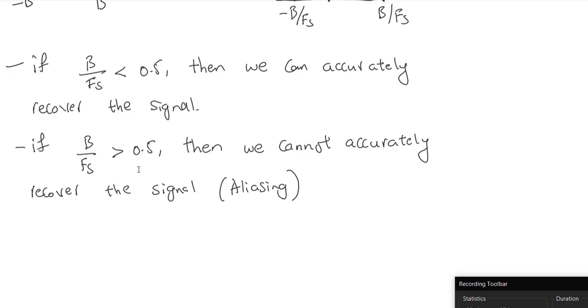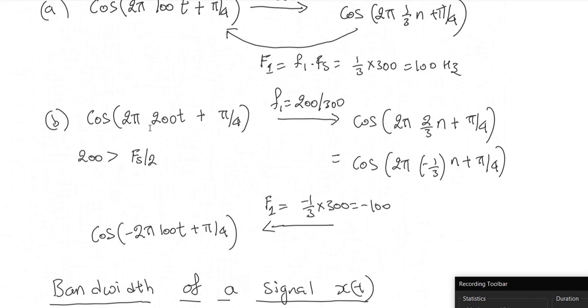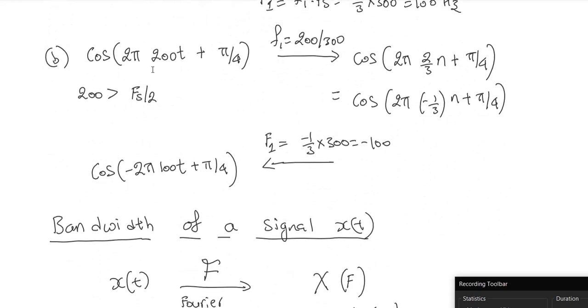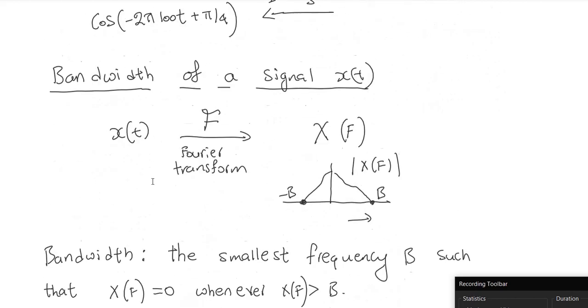When this happens, this effect is called aliasing. And we saw this in this example here. In this case, 100 is also the bandwidth. When that was less than Fs over 2, we were able to accurately recover the signal. But if the bandwidth was greater than Fs over 2, we were not able to recover the signal.